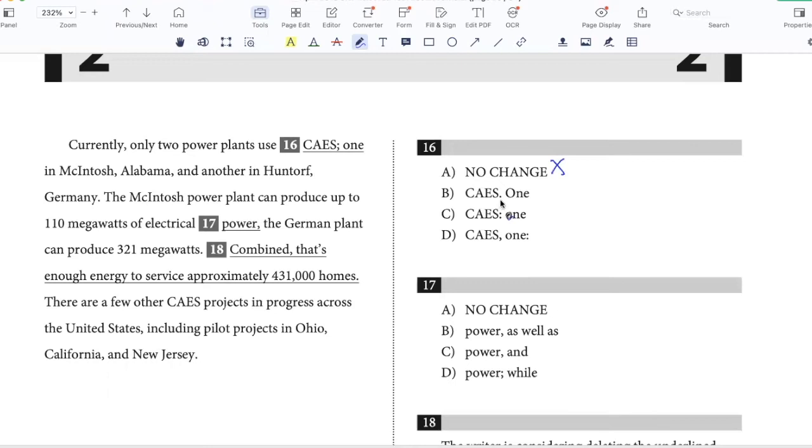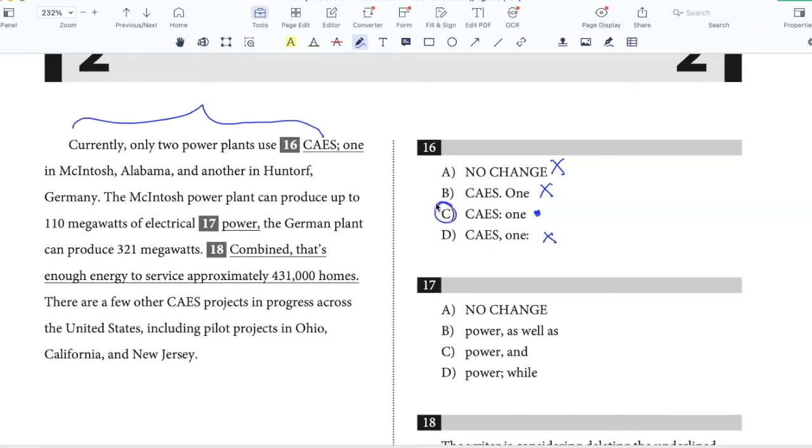I similarly can't use a full stop because the second sentence is not an independent sentence. A colon makes sense, right? Because when I say only two power plants use CAES, the colon tells me that those two power plants will be described. So I like C. And the colon cannot come after one, right? The colon should only come at the end of a complete sentence. So this part till CAES is a complete sentence. So a colon after that makes sense.